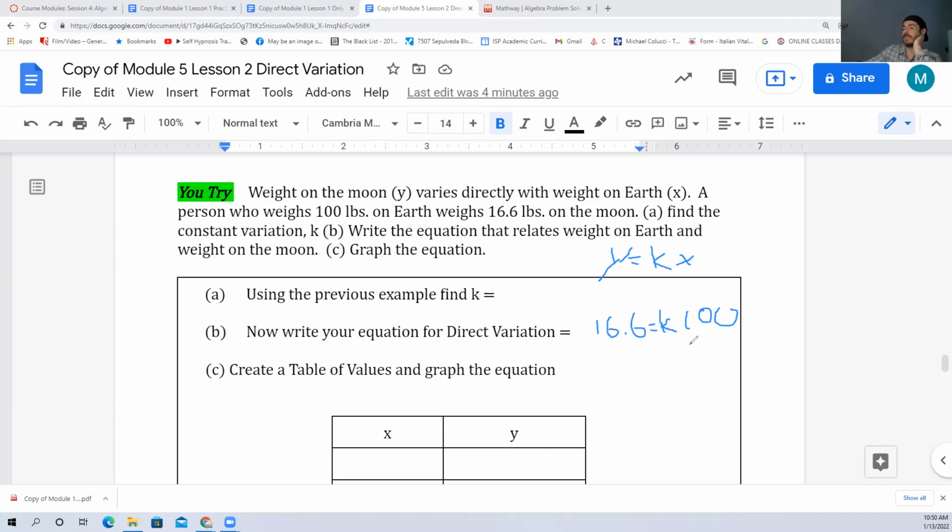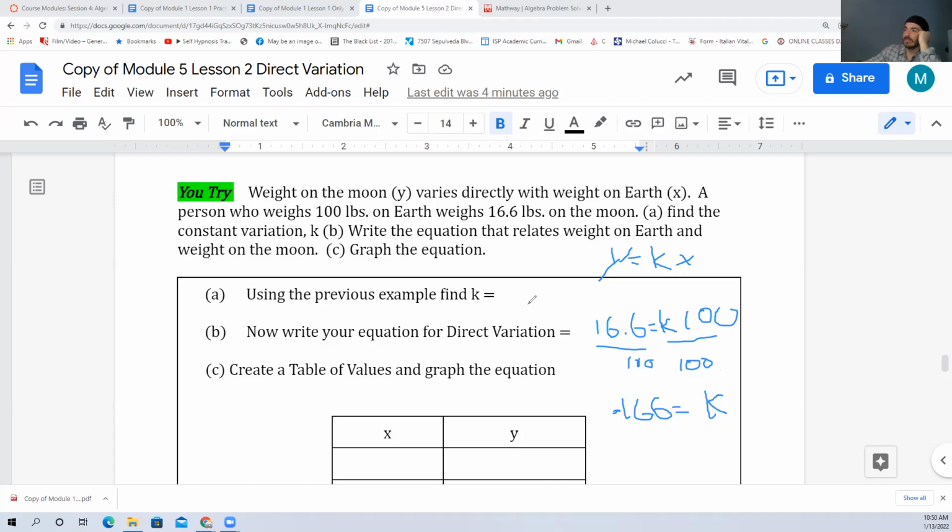So if I divide both sides by 100, I can solve for k. 16.6 divided by 100 is 0.166. You can use a calculator if that sort of digit math is tricky for you. And 100 divided by 100 is 1, so I'm left with k.